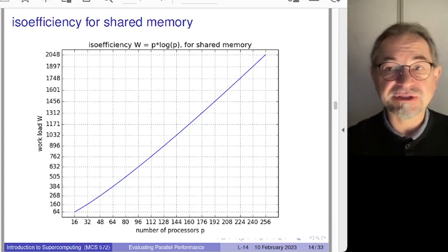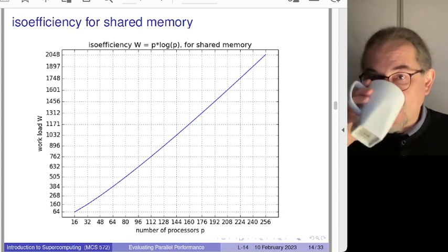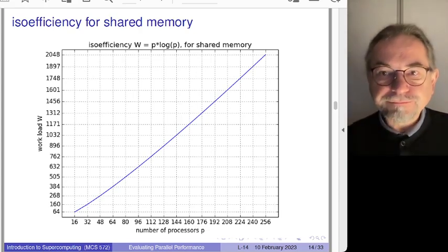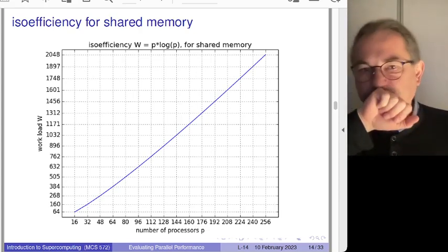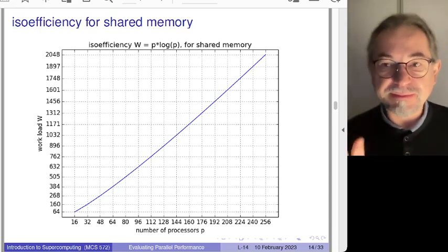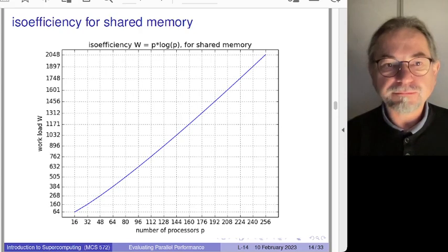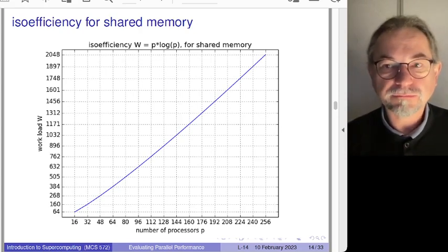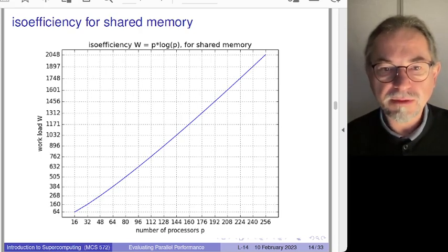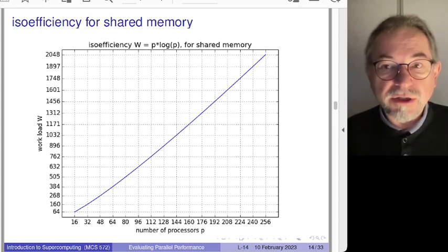So it expresses the growth of the workload for having the same speedup. Kind of confirming Gustafson's law.